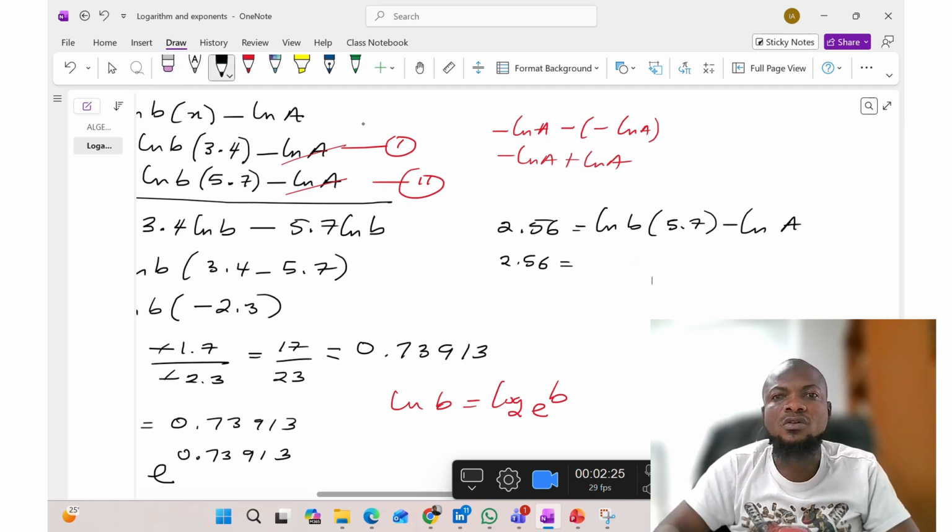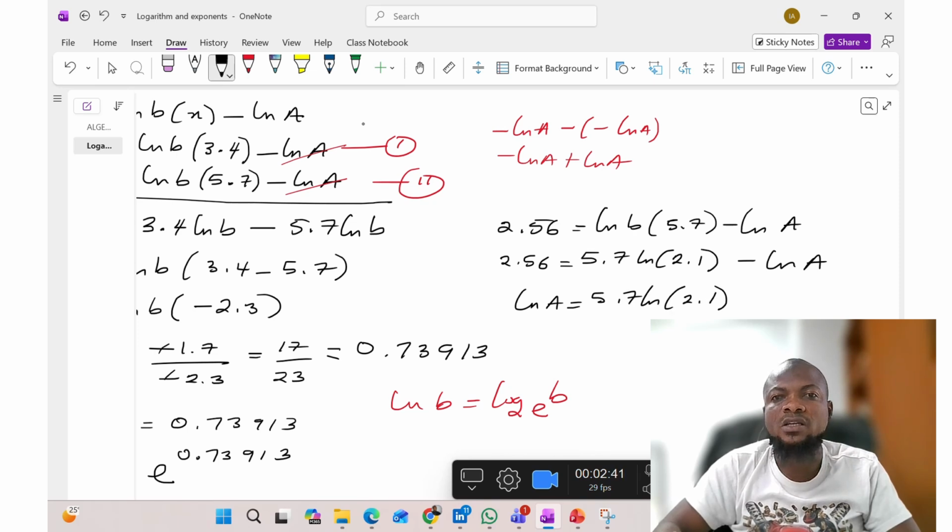5.7 ln 2.1, to avoid making mistakes, minus ln a. So that implies that ln a can be rewritten as 5.7 ln 2.1 minus 2.56.